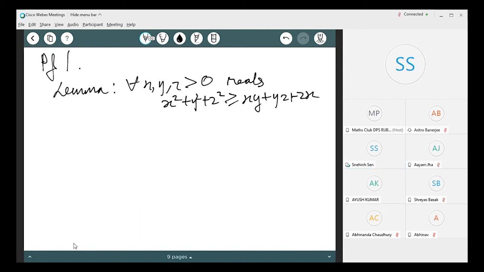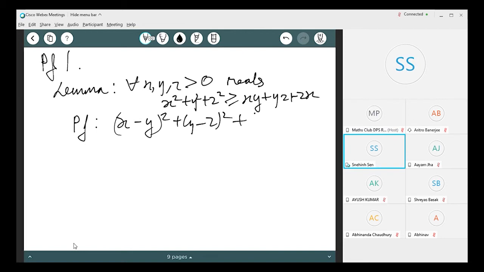We proved this in the last class. Just use that the sum of squares is greater than or equal to 0.